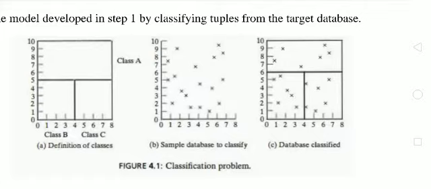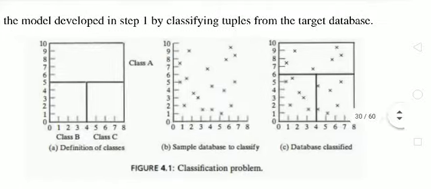Now to calculate the similarity, first we'll try to find out the center of each diagram. Let us say for the center of each class, for class A we have the center 4, 7.5. For class B we have a center 2, 2.5, and for class C we have a center 6, 2.5.